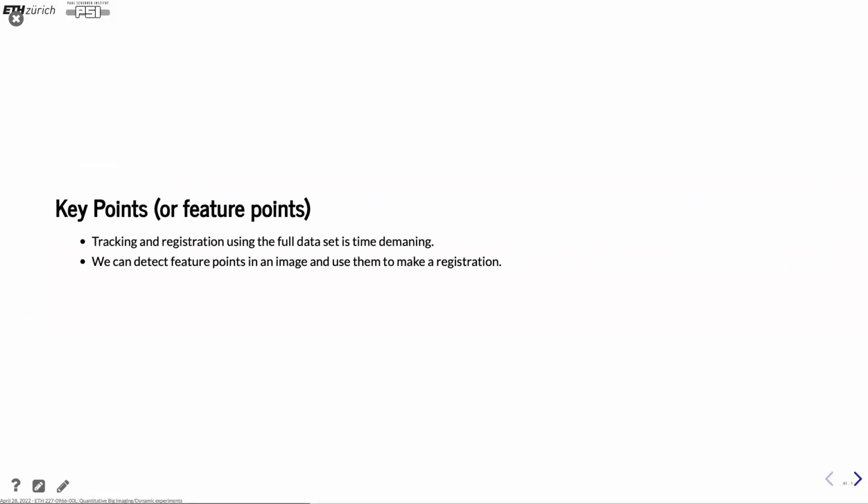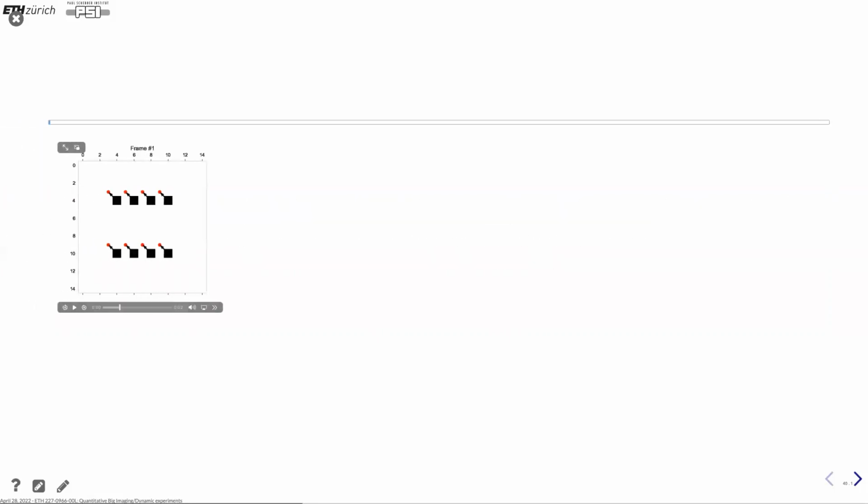Another way, so here in this way, we looked at pixels and the constellations and shapes to identify the object. And another way is to work with key points or feature points. Just a little remark back to the pixel example here.